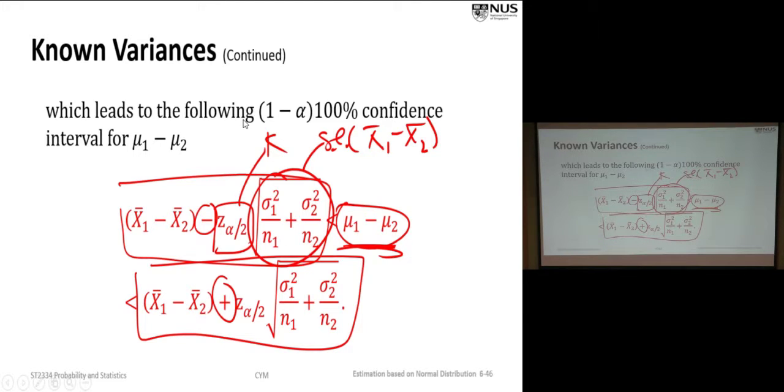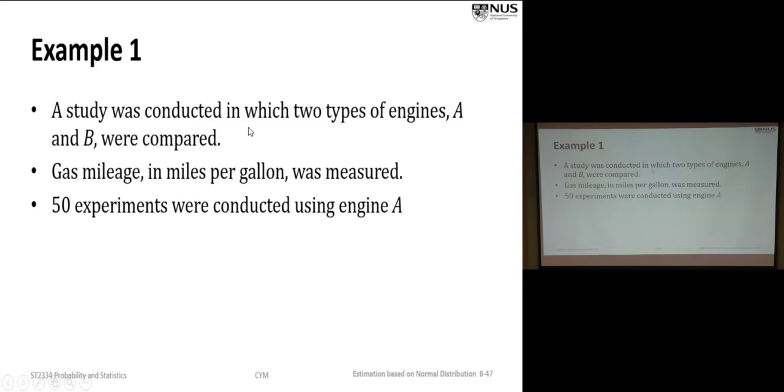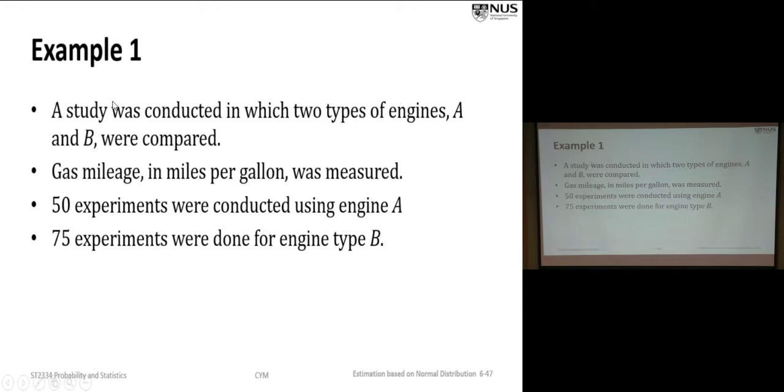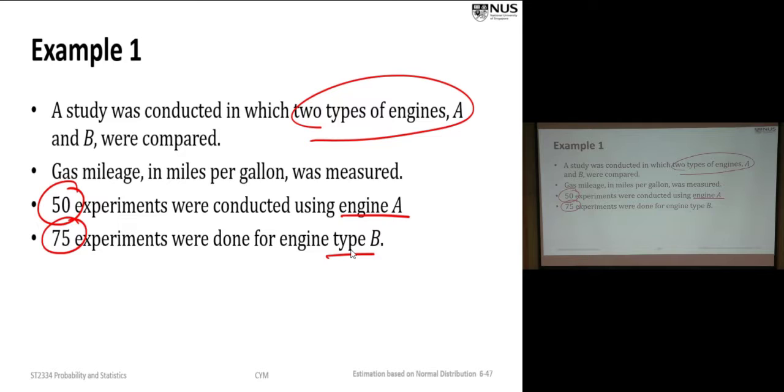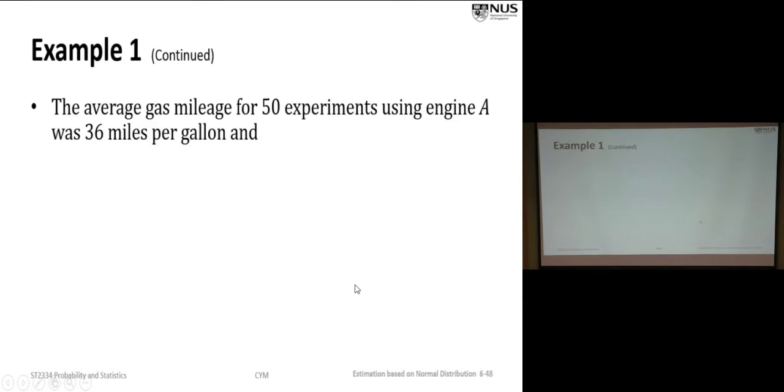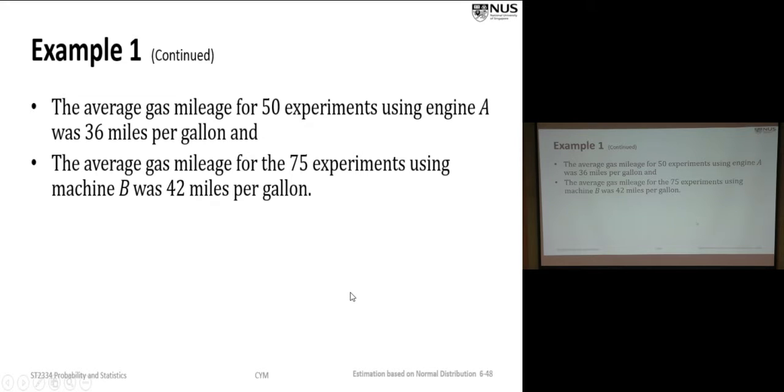All right? So in this example 1, we have two types of engines, A and B. So we have 50 experiments for engine A, 75 experiments for engine type B. And then we look at the usage of gas.